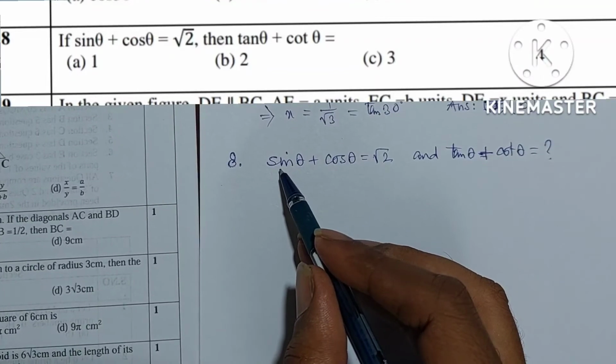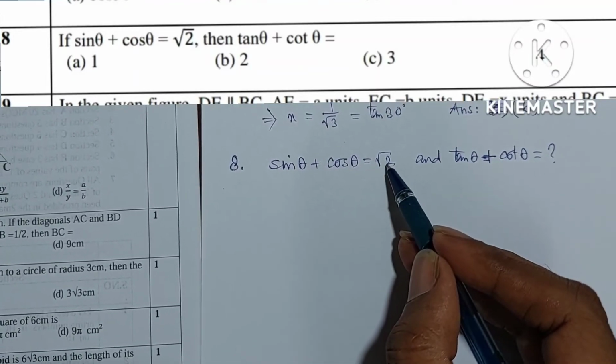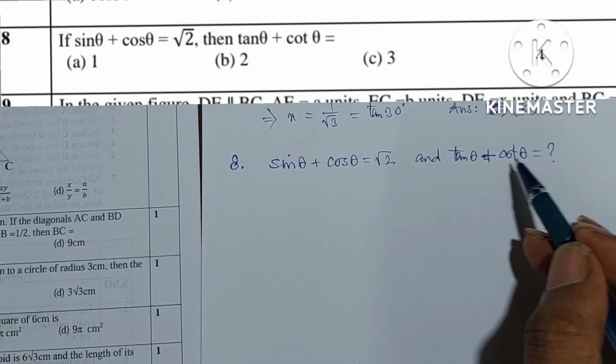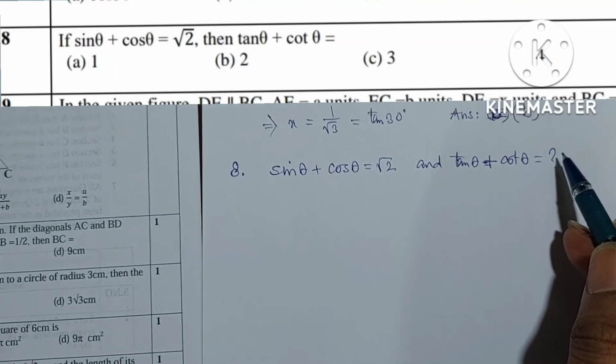Question number 8. It is given that sin theta plus cos theta equals root 2, and tan theta plus cot theta equals what?